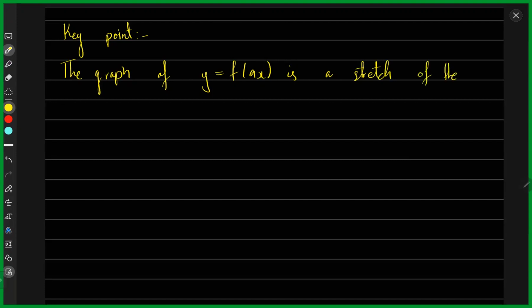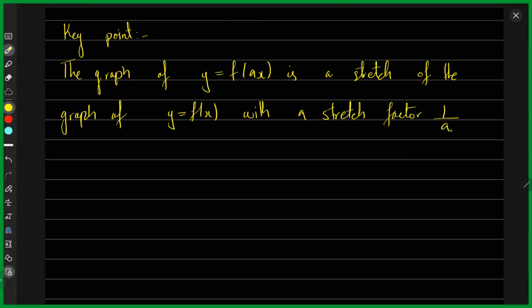of the graph of y equals f of x with a stretch factor of 1 by a along the x-axis.